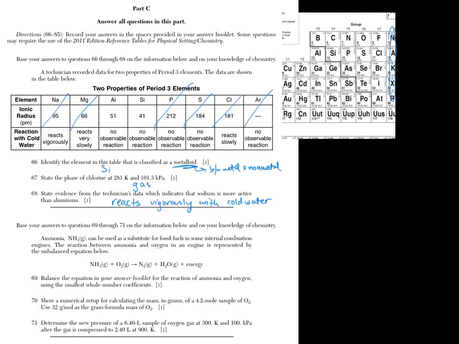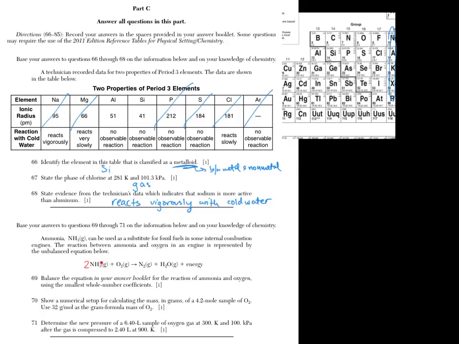Let's start with nitrogen, just because. We have one nitrogen over here, but on this other side we have two nitrogens. To balance that out, let's put a 2 right here. Okay, we've got two nitrogens there. Now we're even in terms of nitrogen. Now let's look at hydrogens as a result.